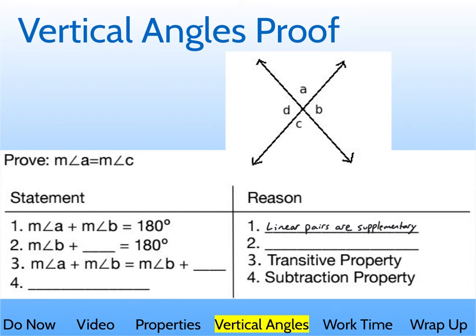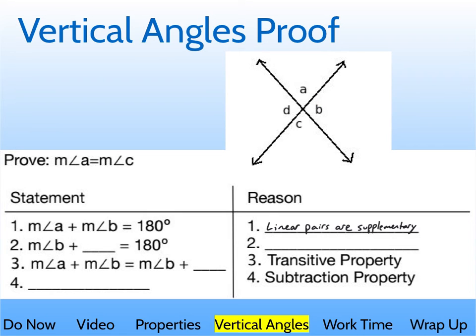The next statement says measure of angle B plus some other angle equals 180. Obviously, we're not going to use angle A again because we already said that, so that really doesn't help us. But if you look, angle B is also a linear pair with angle C. So these two would have to equal 180.